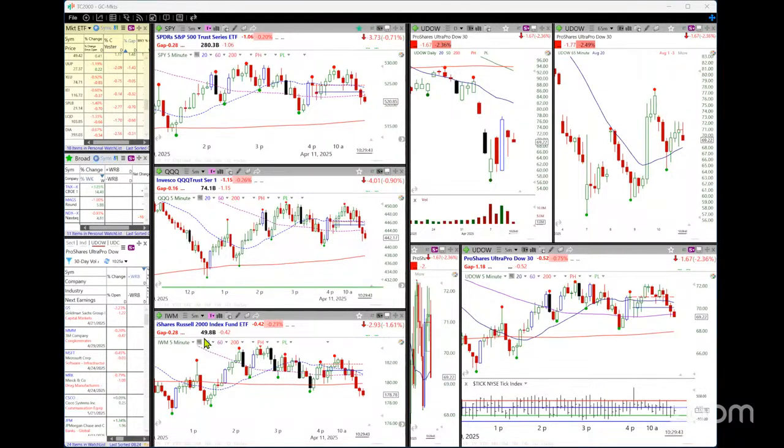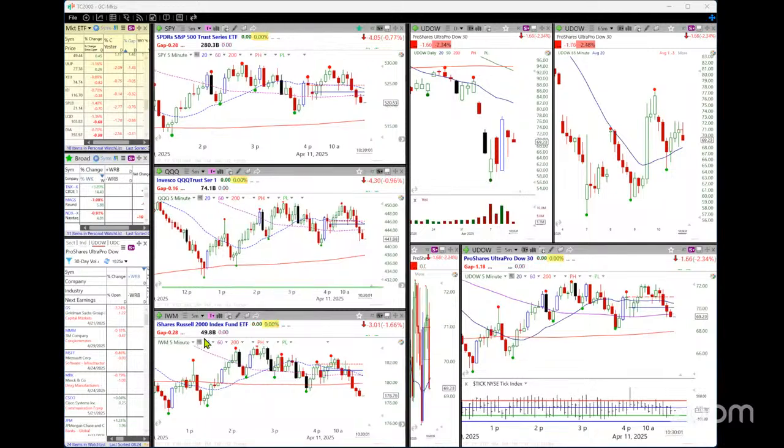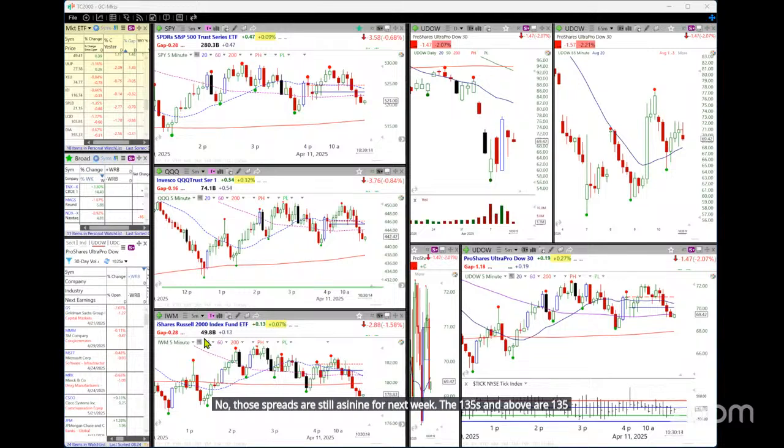No, nothing for today. There is, depending on how tight you want to do. But I'm doing well. No, the spreads are still asinine for next week. The 135s and above are crazy spreads.